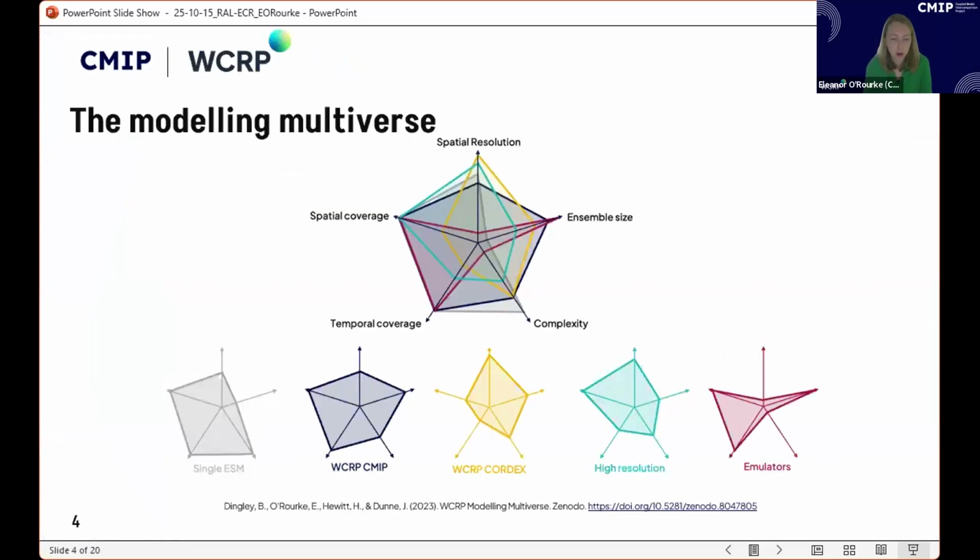CMIP is also part of what is called the modelling multiverse within the World Climate Research Programme. So this diagram has these different axes of resolution, ensemble size, complexity, spatial coverage, and temporal coverage to indicate that there are these different types of models. So you have CMIP models, which are climate and Earth system models, which have quite a lot of complexity now.